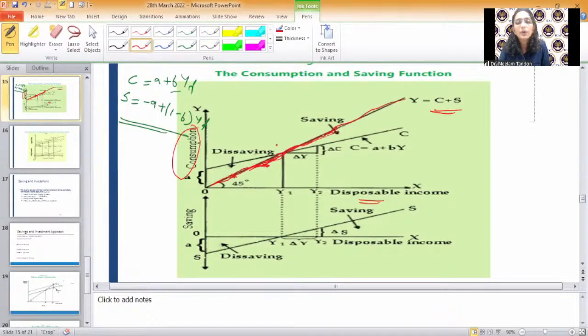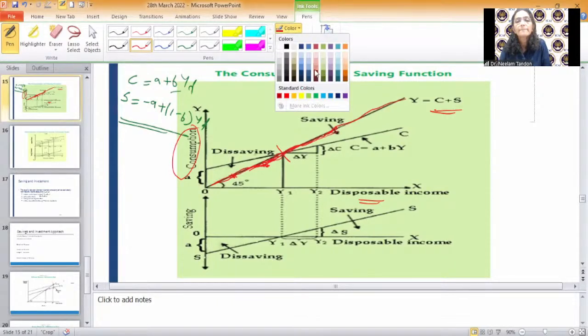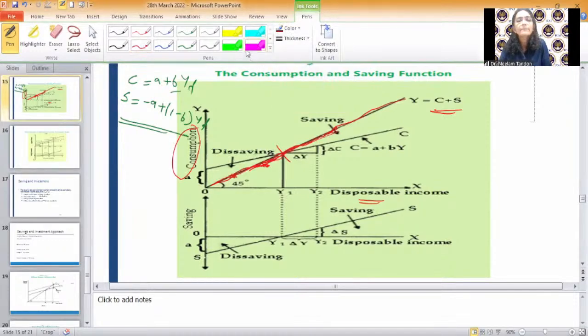But if you are to the left of Y1, what do you see? This is consumption.